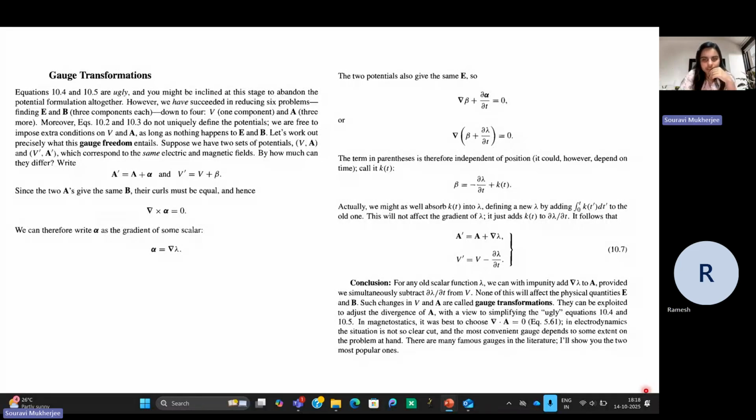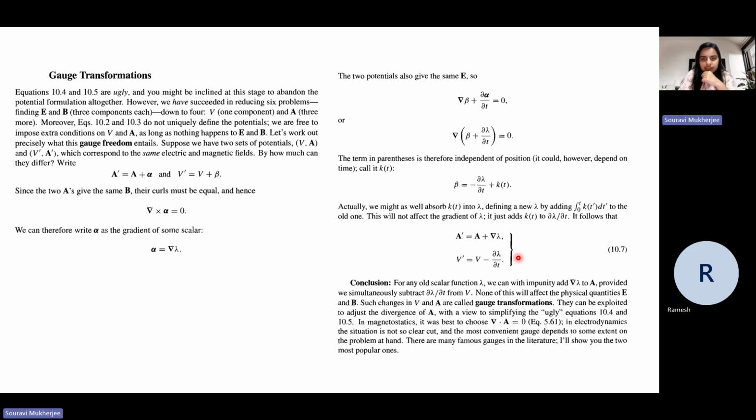Now your beta, which is another scalar that you have added to your potentials, should have a zero gradient, so it should have a form like this. You can add some new constant k to it, or absorb this constant in your lambda.